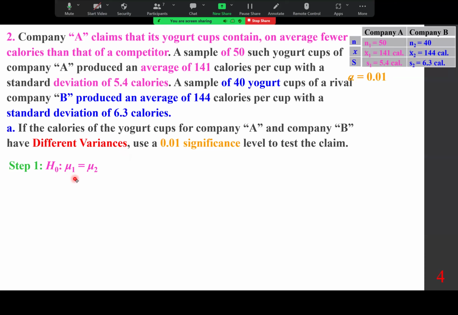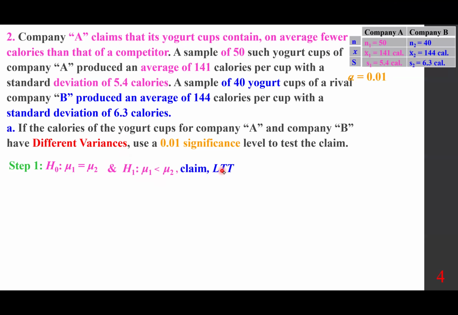And H1 would be what? Let's see what the claim is. Is the claim that the yogurt contains on average fewer? So that's the key. So H1: mu1 is less than mu2, and that is the claim, everybody. Needless to say, it's a left-tail test.